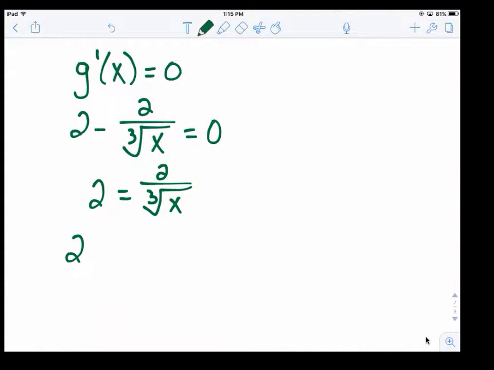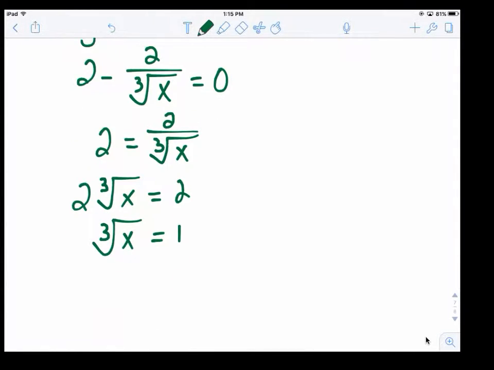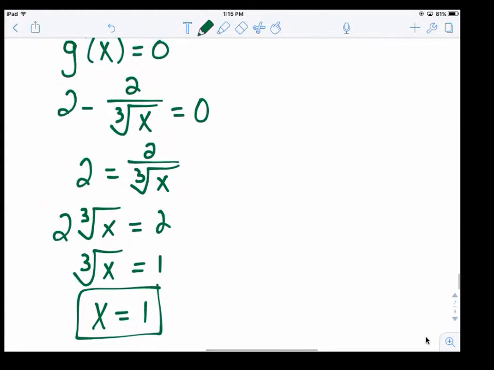Alright, so I got 2 is equal to 2 over the cube root of x, so the cube root of x is equal to 1. So x would have to be 1. Is 1 in my interval? Alright, so we're gonna keep it.